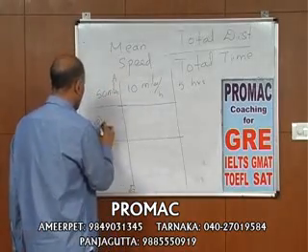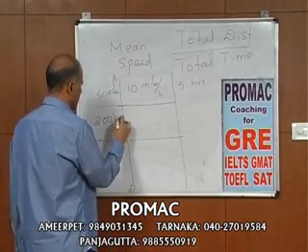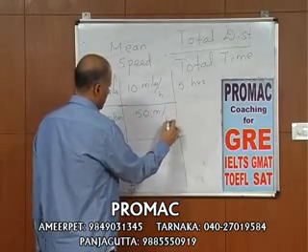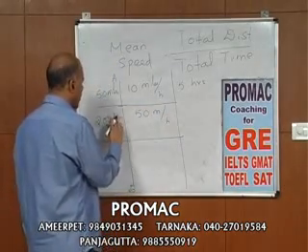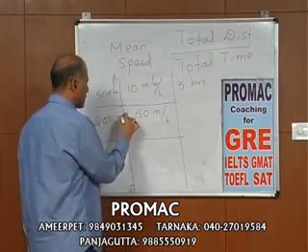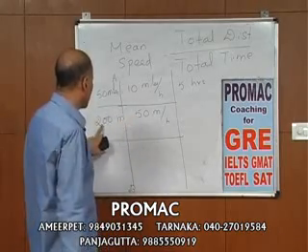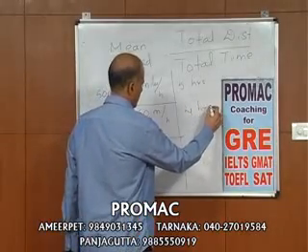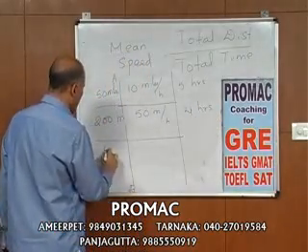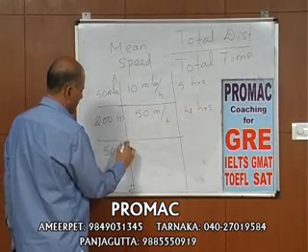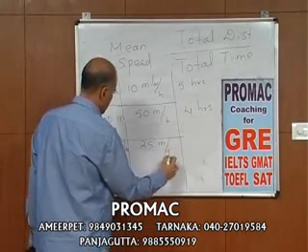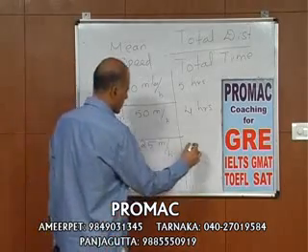Next 200 miles, I travelled at a speed of 50 miles per hour. So 200 miles, I travel at a speed of 50 miles per hour. How much time do I take? I take 4 hours. The last 50 miles, I travel at a speed of 25 miles per hour. How much time do I take? 2 hours.